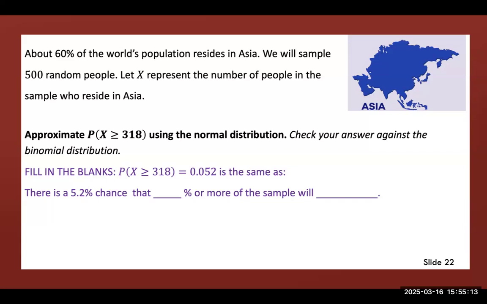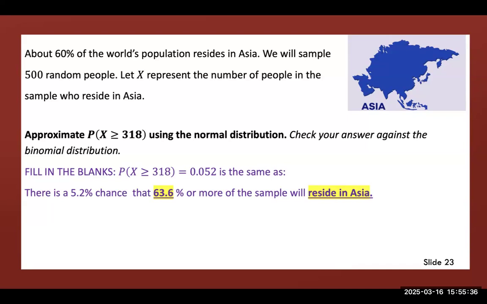So there's a 5.2% chance that 63.6% or more of the sample will reside in Asia. How did I get that 63.6? I took 318 and divided by 500.